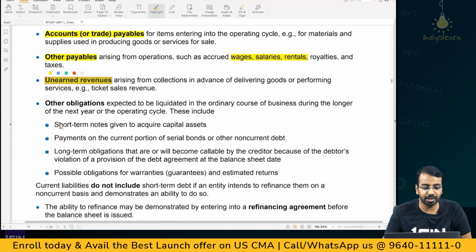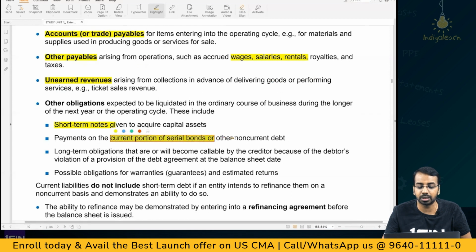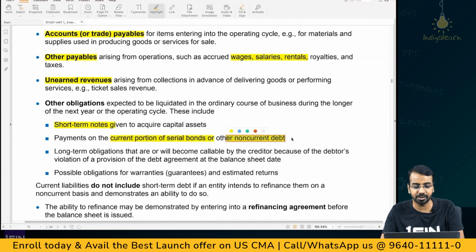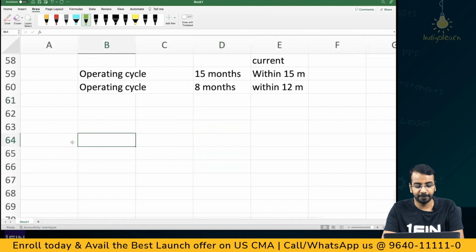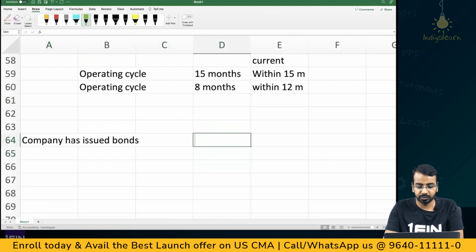Then other obligations like short-term notes. These short-term notes are nothing but bills payable. Then payment on current portion of serial bonds or other non-current debt. What it means is, say for example, a company has issued bonds of 1,000.